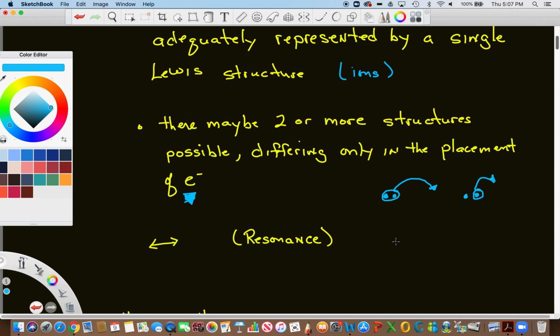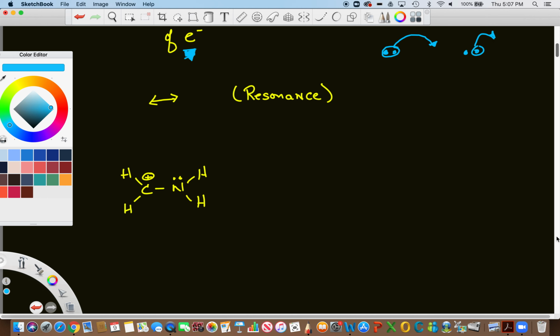Don't confuse it with equilibrium. Equilibrium was an arrow going one direction and an arrow going the opposite. So let's get started.